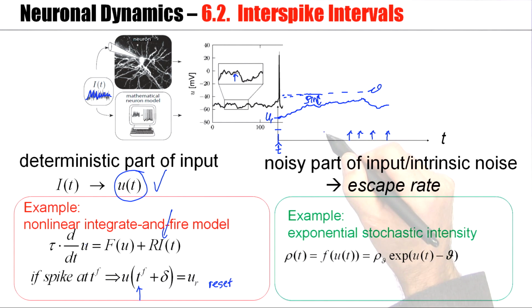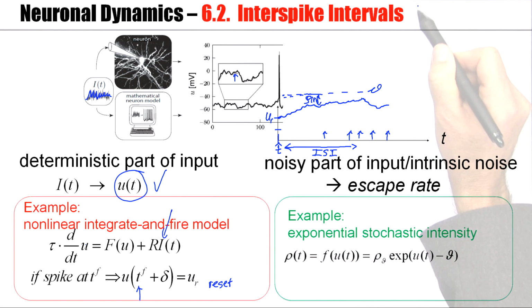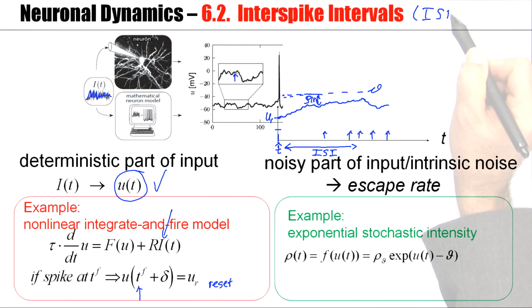So there's a likelihood that it fires here. There's a certain stochastic intensity that it would fire here or there or there or there. And now the question is, this was the last spike. What's the distribution of these interspike intervals, ISI?